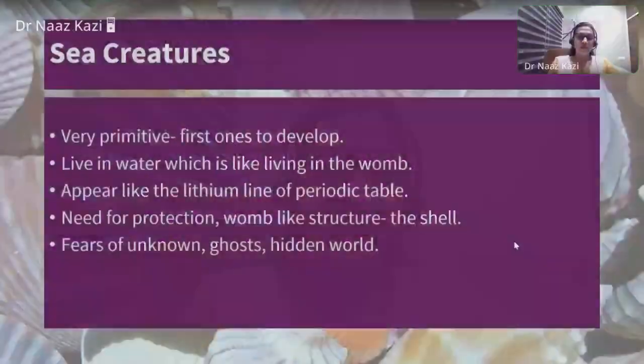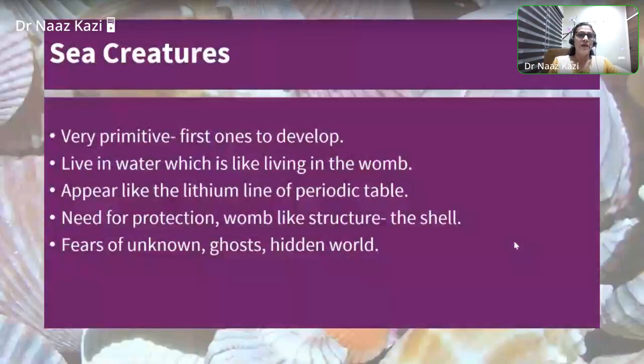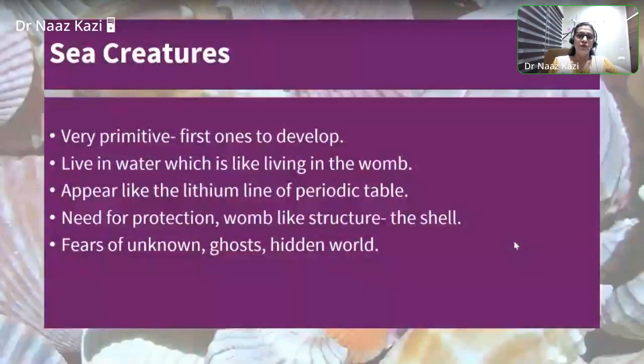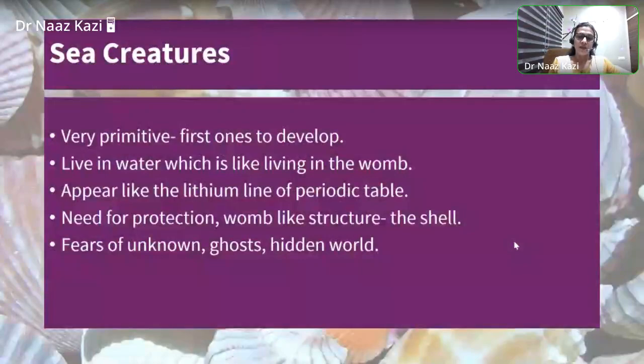Hence, for these creatures, living in the water or in that sea body is like living in the womb. And hence, they appear like the second row of the periodic table, that is, the lithium line. And all their fears will be like the lithium line. Fears of the unknown, they will need a protection, a womb like structure, the shell. They have a lot of fears of the ghost and the hidden world.